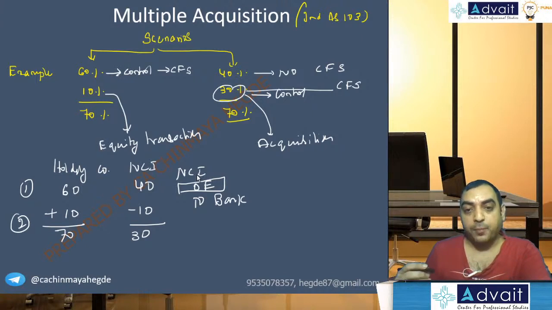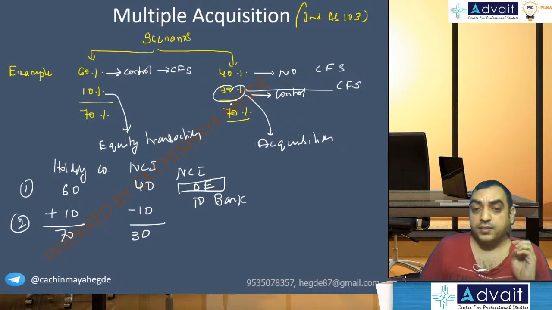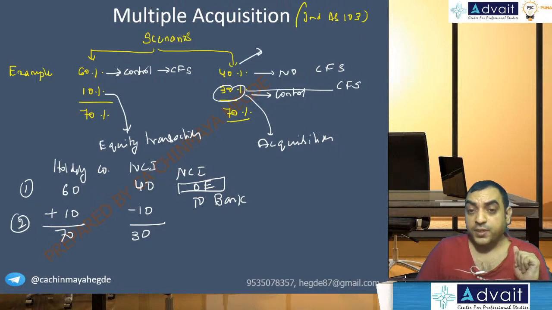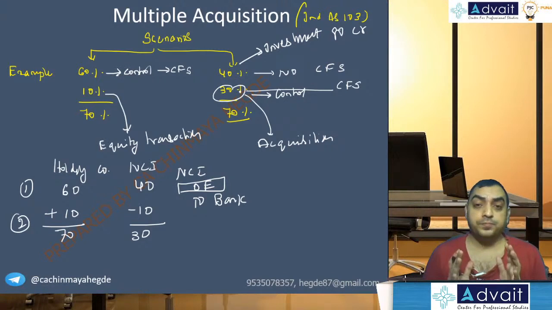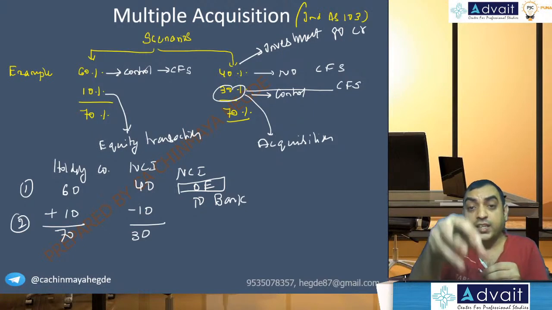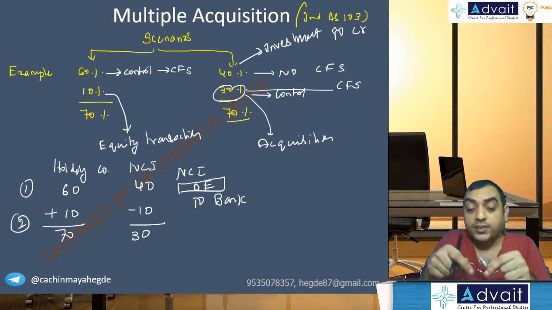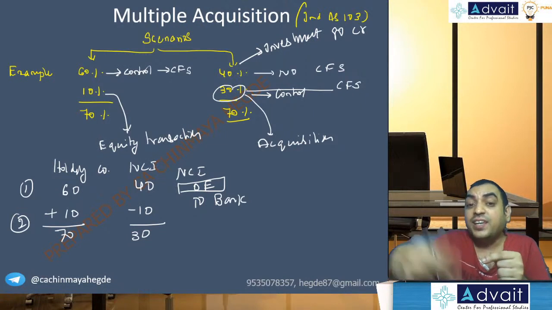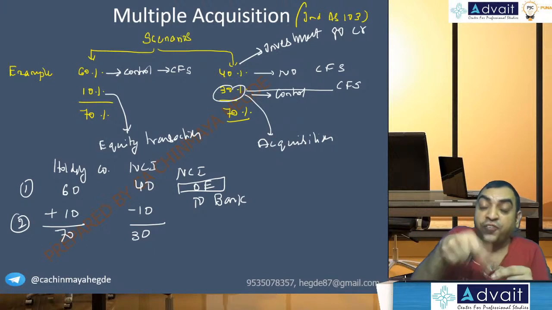Now the second point, what will happen? You are acquiring subsequently. You're already having 40%, that means you already have an investment. When you acquired it, let's say it was 80 crores. Now at 30%, please focus here: when control is obtained in stages, on the date of control the previous acquisition should be remeasured, revalued at fair value.